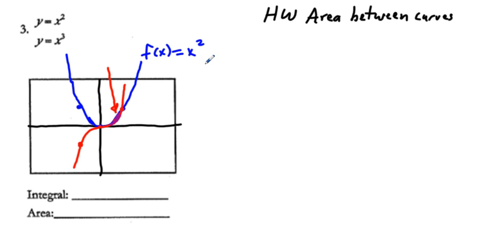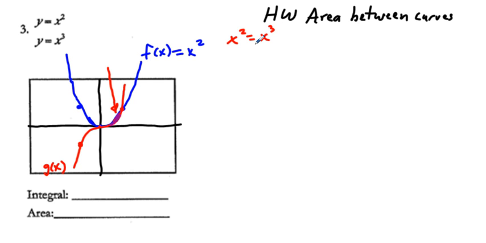I'm going to call this curve here g of x. So just this little sliver between these two here in quadrant 1, that's going to be the area between the curves. And to find out algebraically what those intersection points are, we can set x squared equal to x cubed.